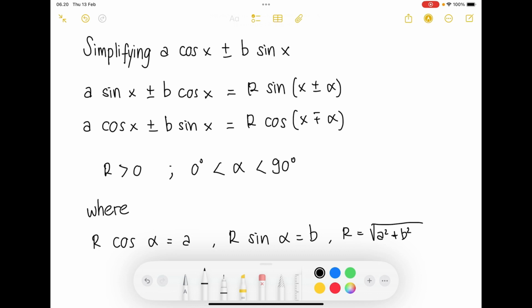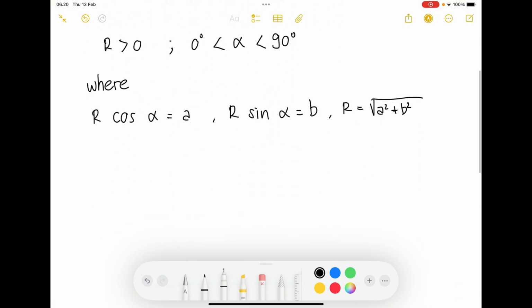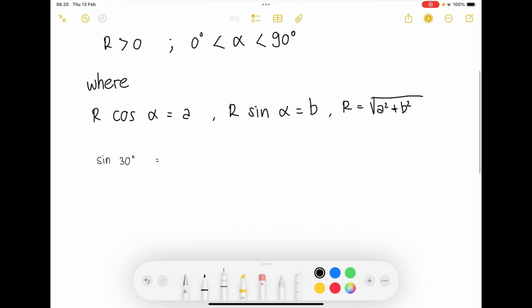How the idea coming from actually, if you still remember this part, sine 30 degrees. What value is that equal to sine 30 degrees? Yes, cosine 60 degrees. So if you can see right here, we have sine 30 degrees is 1 over 2, right?